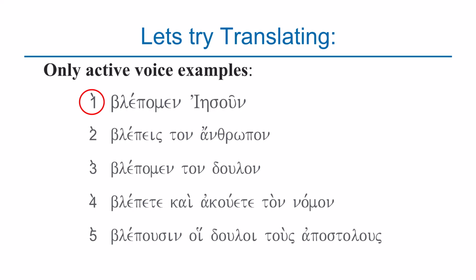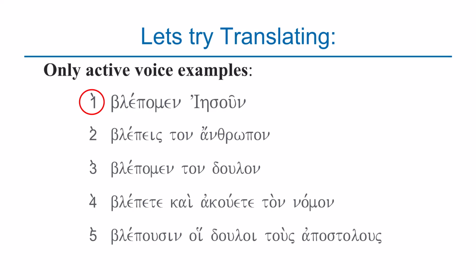When you're looking at blepomen, blepomen has the ending omen. Omen is coming from present tense active voice. So that ending will tell you that blepomen is coming from the first person plural in the active voice. Since blep means see, blepomen means we are seeing.